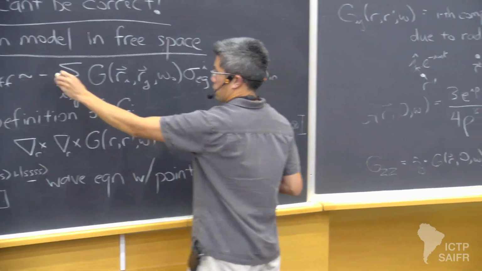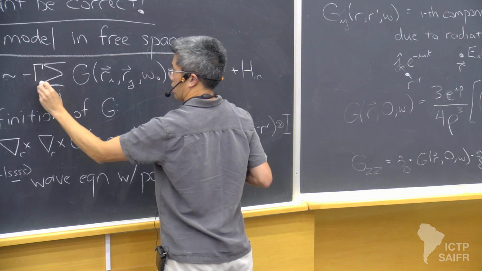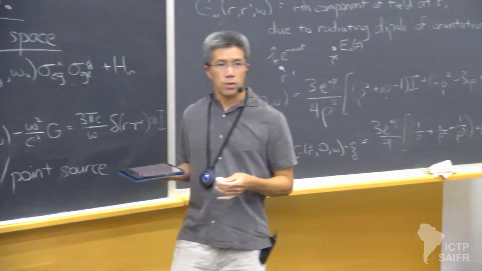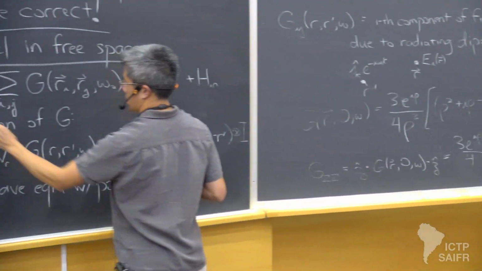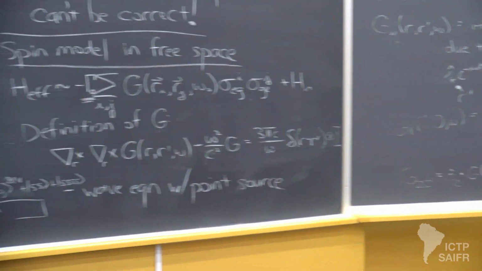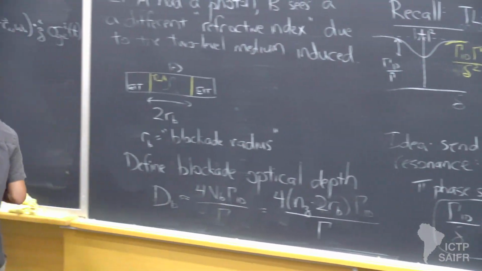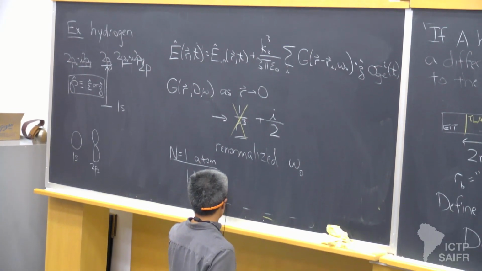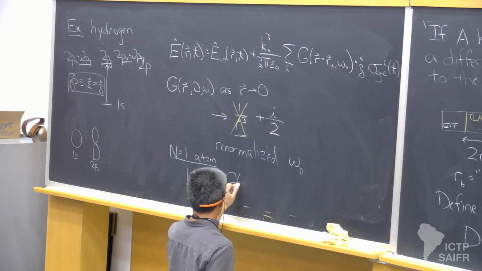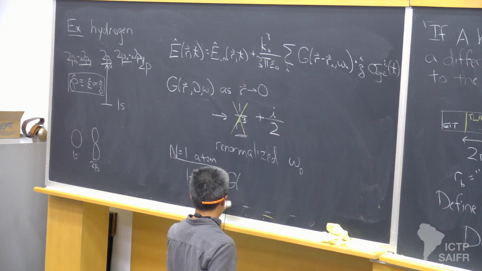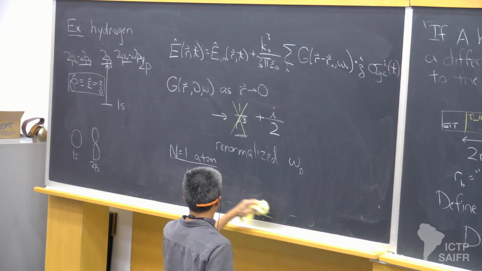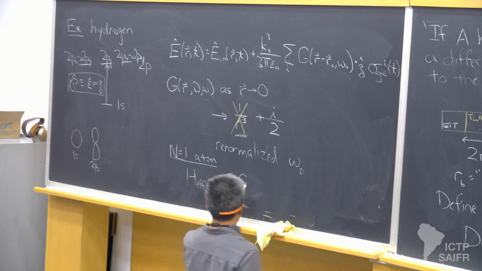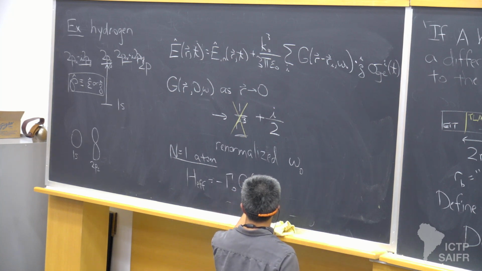The way I normalize the Green's function, the free space spontaneous emission rate comes out as a prefactor. Sorry, I didn't include that earlier. So if I have just one atom, this spin model turns into minus gamma naught, G of r, omega naught.